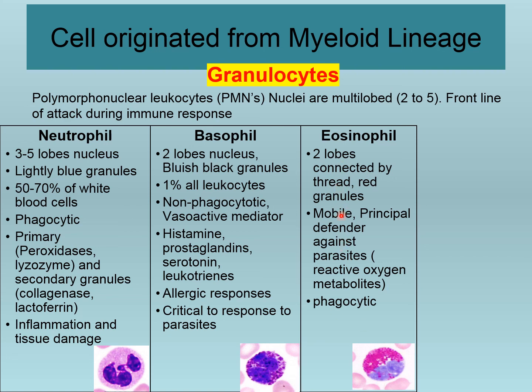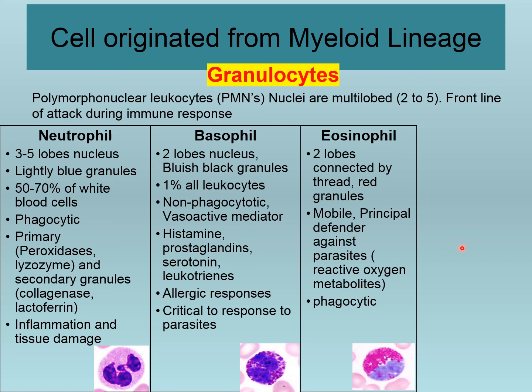These are mobile and able to move like the neutrophils, and are considered the primary defenders against parasites, and they are also phagocytic. But these eosinophils generally contribute 1 to 3% of the total WBCs in the blood.